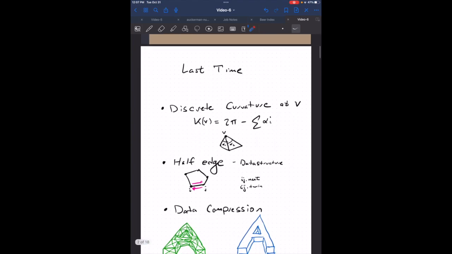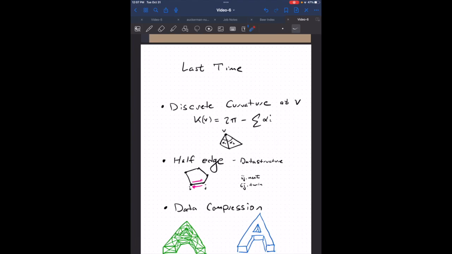So last time we used the Gauss-Bonnet theorem to come up with a formula for the discrete curvature at a vertex on a triangulation. So recall we could come up with a formula for geodesic curvature. We're going to cut out a disk around the vertex, so we know we have Euler characteristic 1, and then applying the Gauss-Bonnet theorem gives us our formula for our discrete curvature.